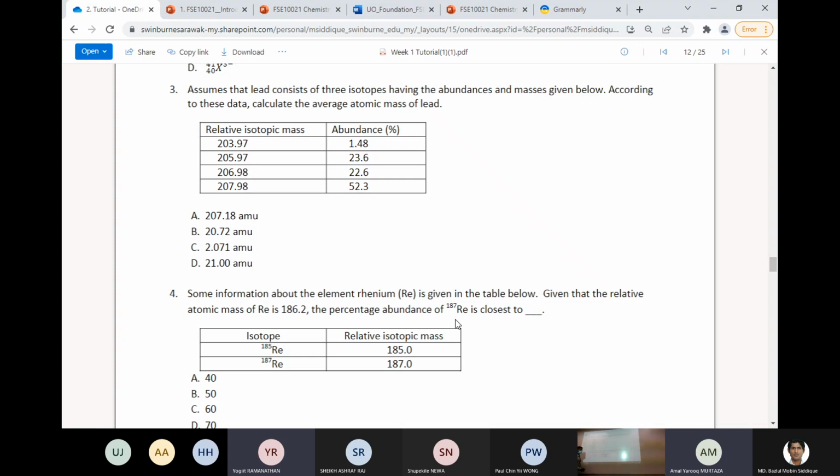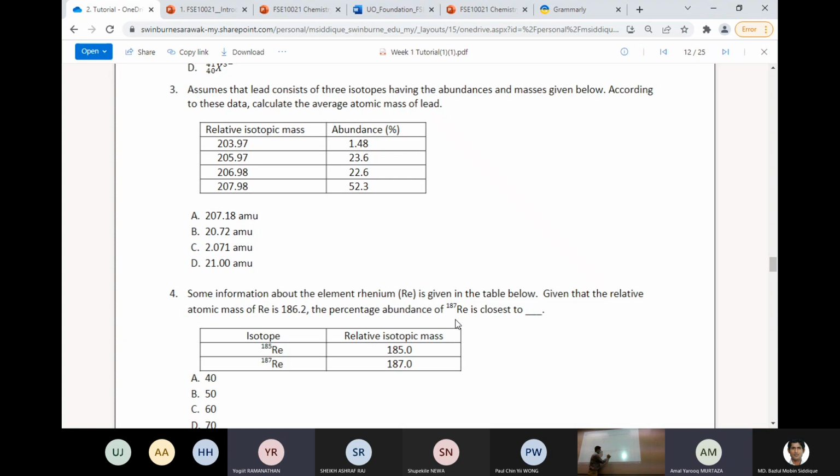Let's say the abundance of radium-187 is X. Then what will the abundance of radium-185 be?